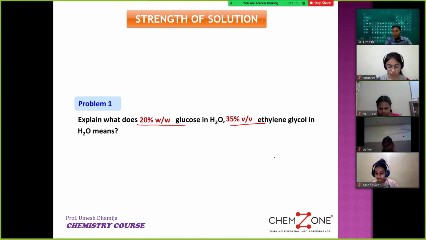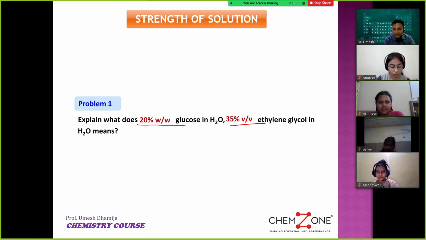Ashwin will tell. Start. So 20% glucose in grams is present in 100 grams of water. No. It means 80 gram is water and 20 gram is glucose. Total is equal to 100. That's the meaning of this.